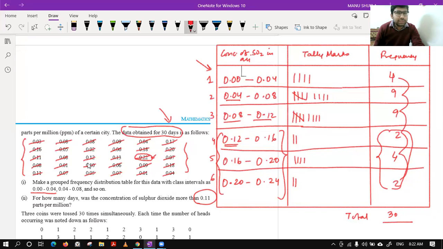Because it is an exclusive data. So we only have to include the lower limits. 0.12 will be counted in this fourth one. And they are saying more than 0.11. So we obviously have to go for 0.12 and more than that. Okay, Vaishnav, please confirm.